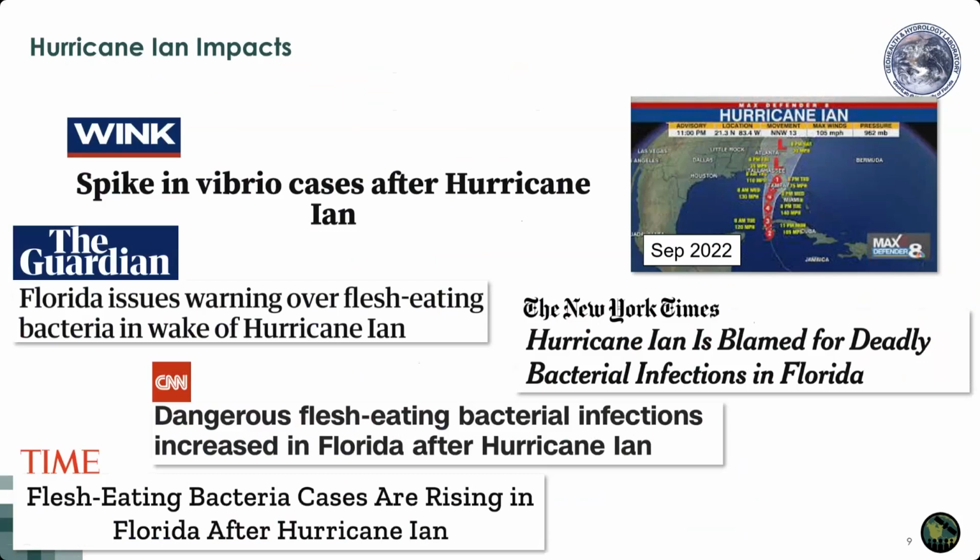So our research group has been tracking these Vibrios all across the world, and we have been focusing on this idea of predictability of global Vibrios, with particular focus in and around the Gulf of Mexico.